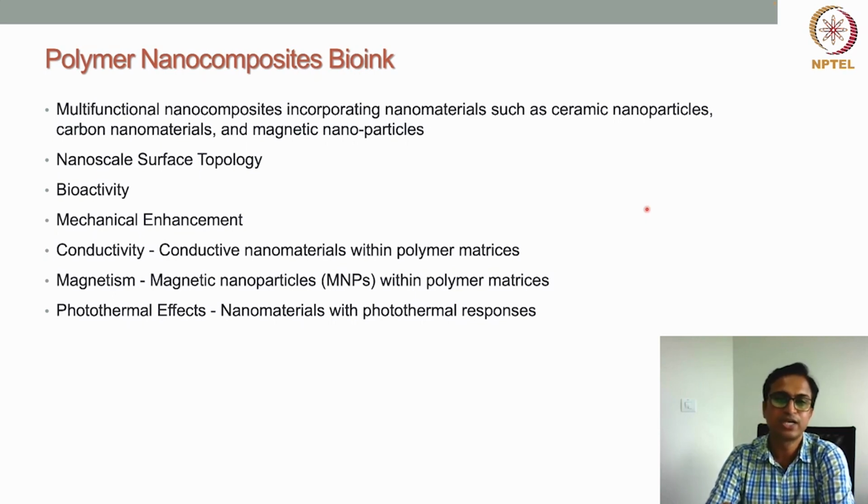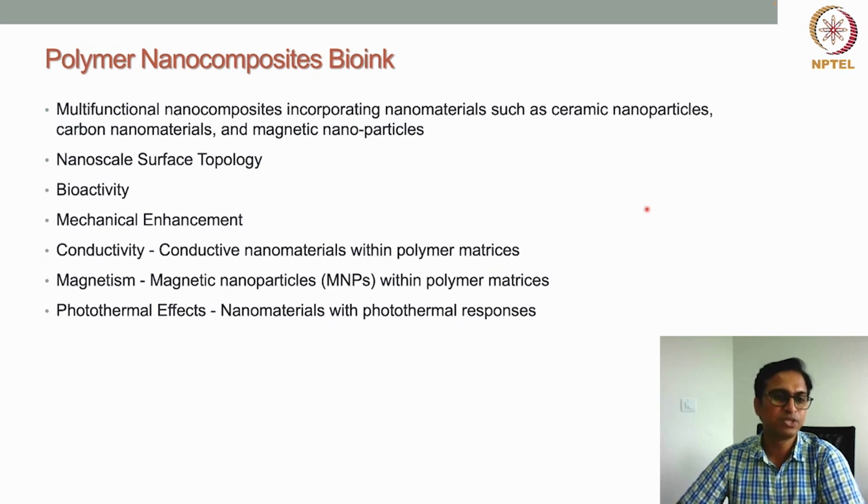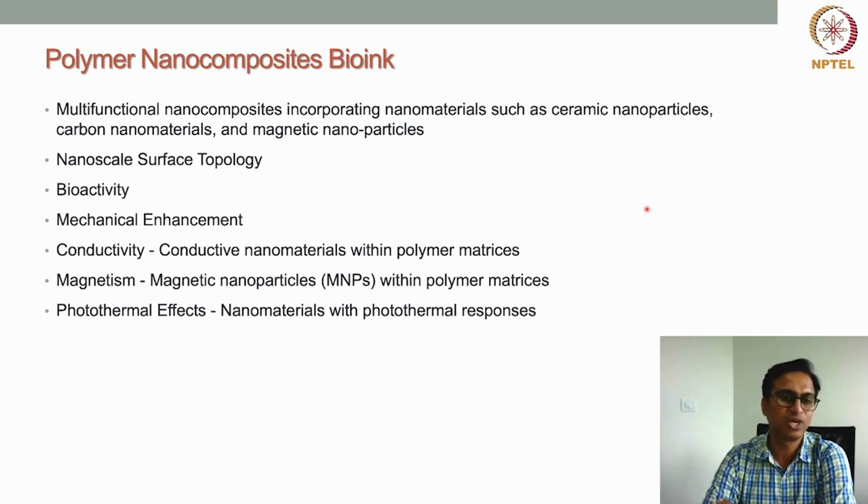All these different types of nanoparticles are incorporated within the biomaterial or hydrogel system, and a nanocomposite is developed. That nanocomposite is a multifunctional one where it can function differently, so different properties can be improved further.